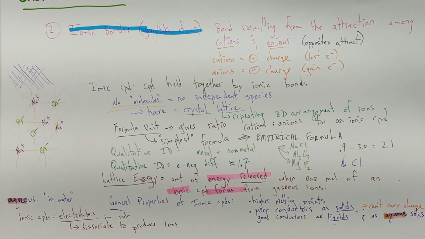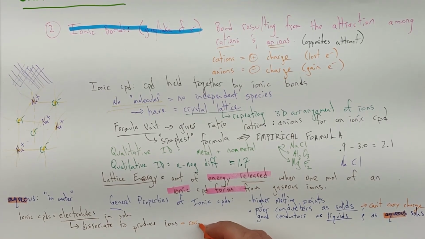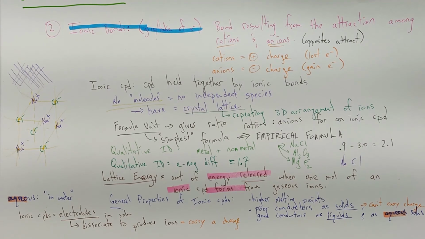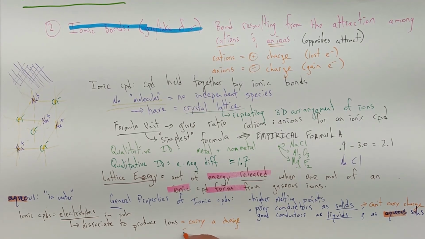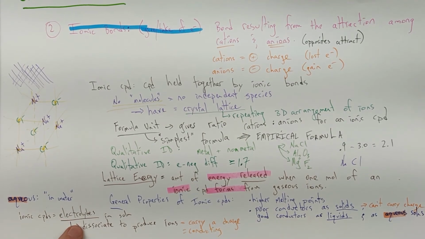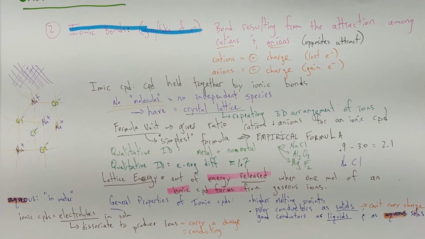All right, and what do those ions then do? They carry a charge. And what do we call carrying a charge? We call it conducting. All right. So electrolytes allow the solution to conduct electricity because they carry a charge, which I think is kind of an interesting idea.